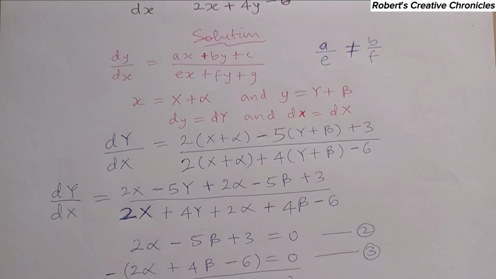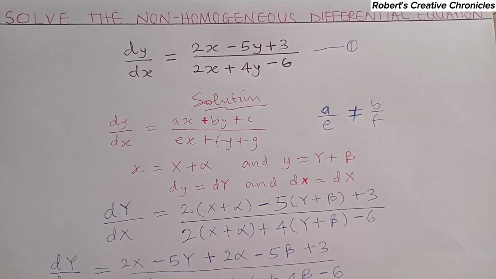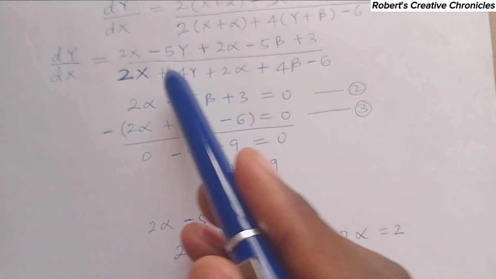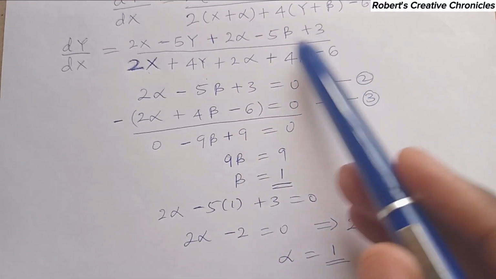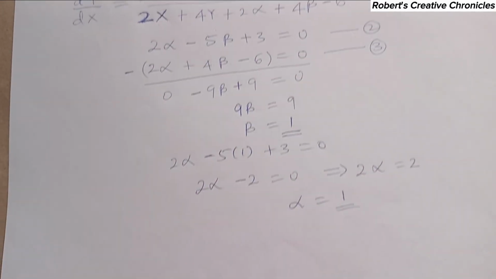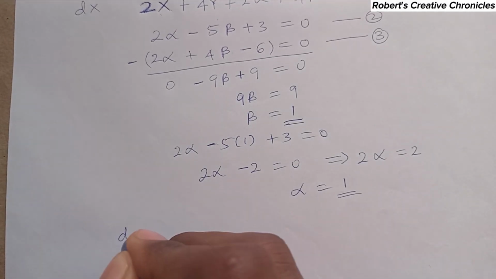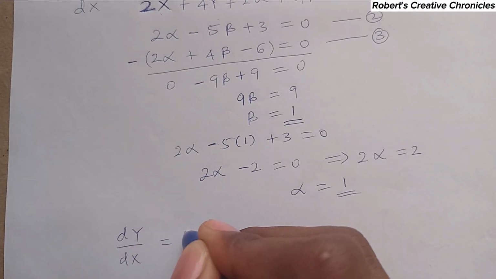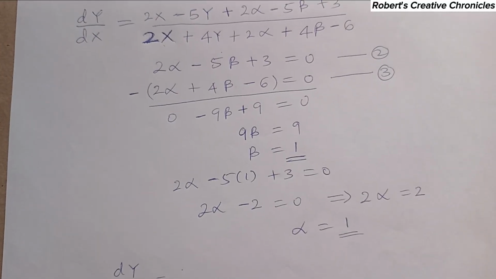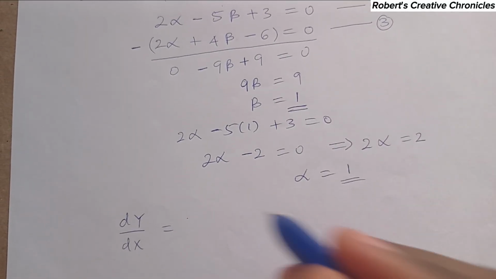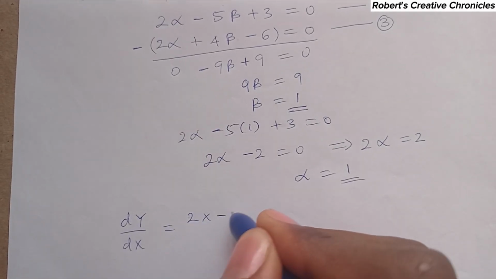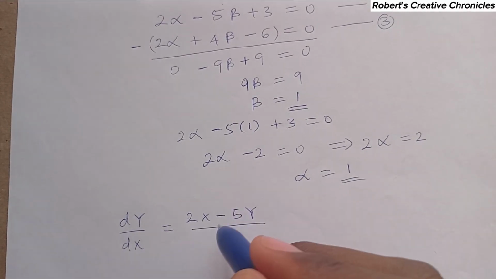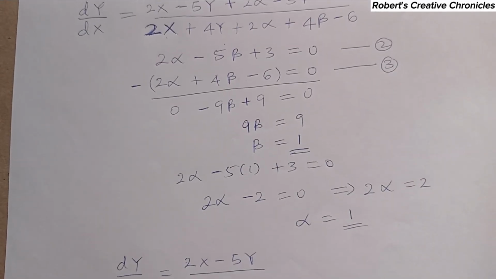Now, this equation 1 can now be expressed in terms of only x and y. Since this one is equated to 0, and this one is equated to 0, we will take dy over dx equal to 2x minus 5y over 2x plus 4y.